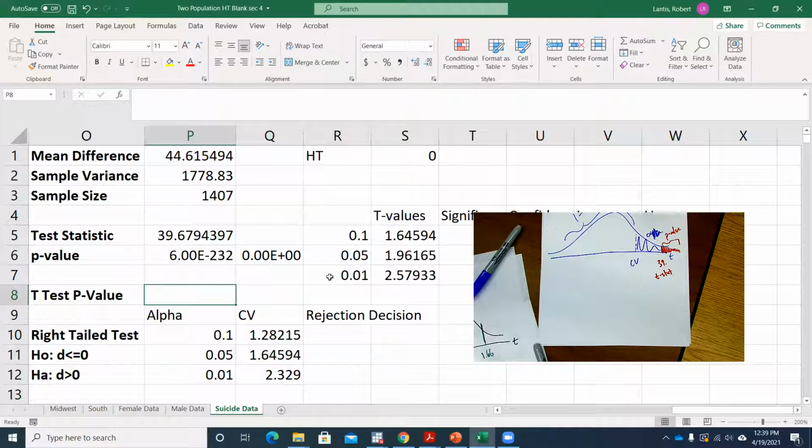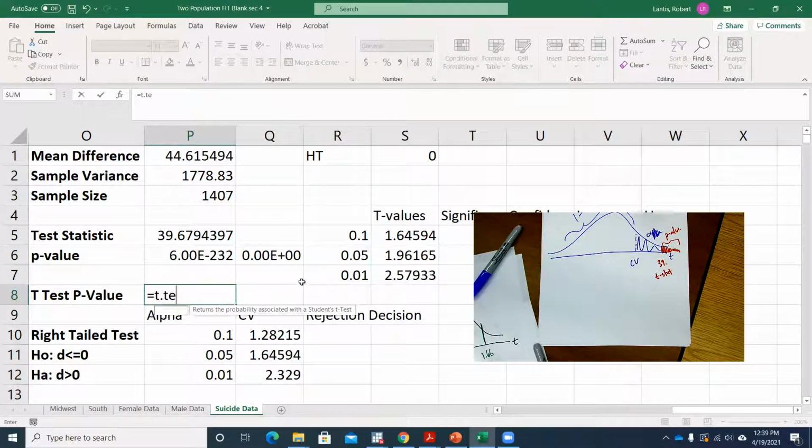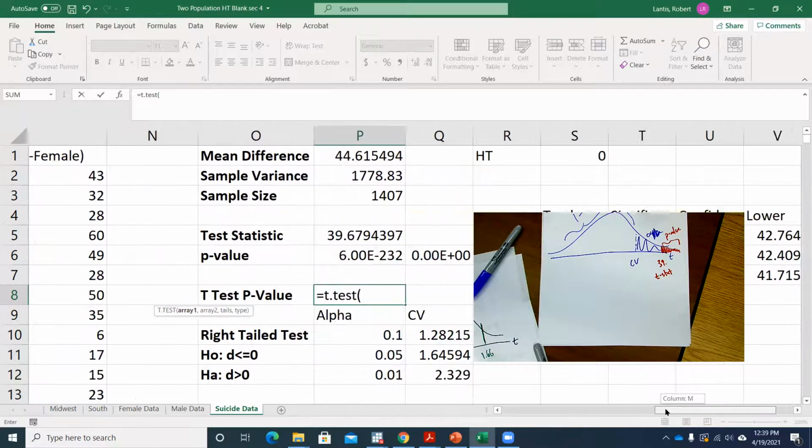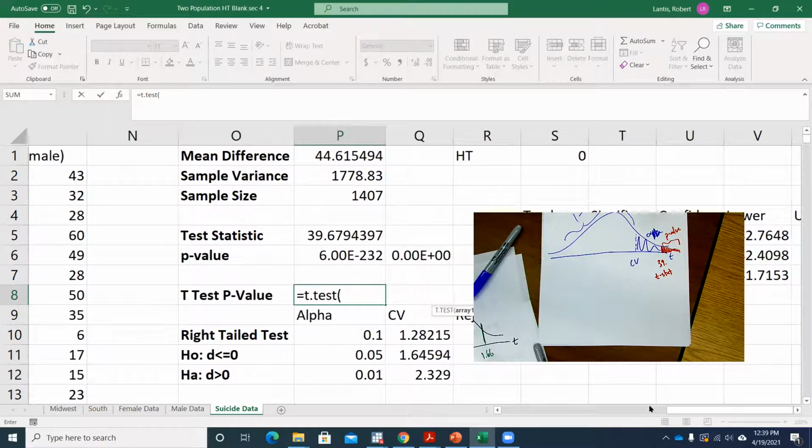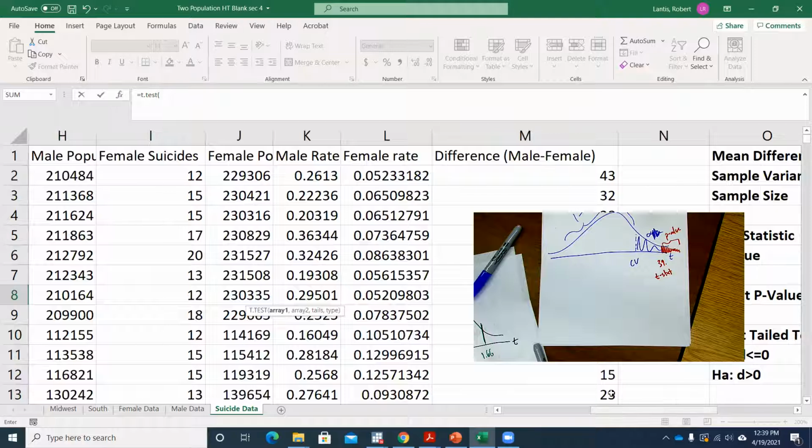Now, what we could also do is use that built-in t.test. So t.test was that shortcut we used where it calculated the test statistic behind the scenes, then spit back out the p-value. So the 2 arrays that we will select if we use the t.test method, we didn't have to create this difference variable ahead of time. We just select the original variable.